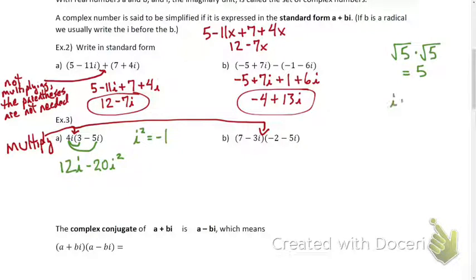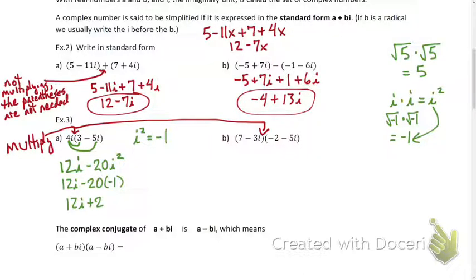If I have i times i, I have negative 1 times square root of negative 1, which gives me negative 1. So i squared is negative 1. So let's take example 3a one step further. I can now write that, which then becomes that, and we got it.